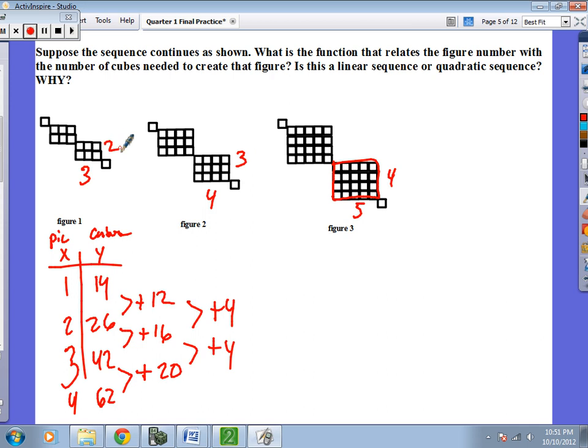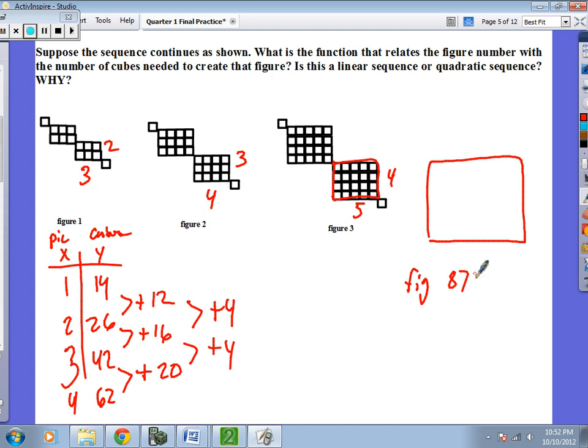Okay, I think I got it figured out. There's a pattern. If I jump to figure 87, that's the test. If you can jump around and you know what it's going to look like, I think you got it figured out. So figure 87, what is the dimension of the rectangle? So figure 3 is a 4 by 5. Figure 2 is a 3 by 4. Figure 1 is a 2 by 3.